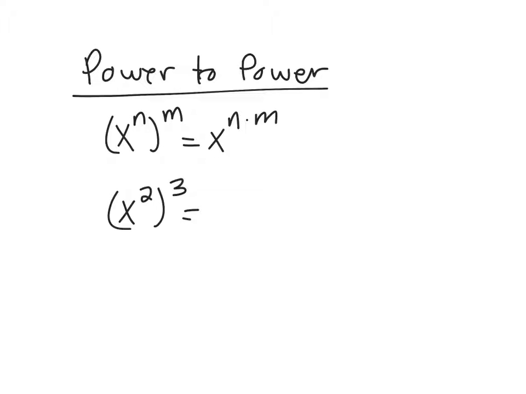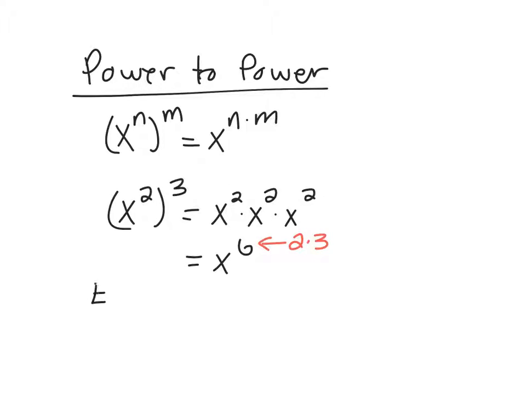Well, the outside says cube, so I'm cubing x squared, which means I have 3 factors of x squared. And then we're just going to use our product rule, which says add the exponents, and we get x to the 6th. Notice that 6 is the product of the two exponents, 2 times 3.